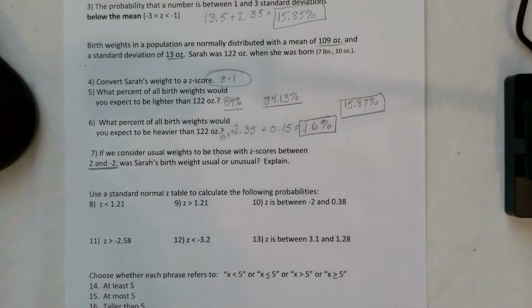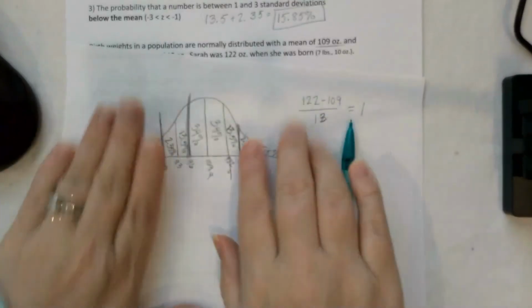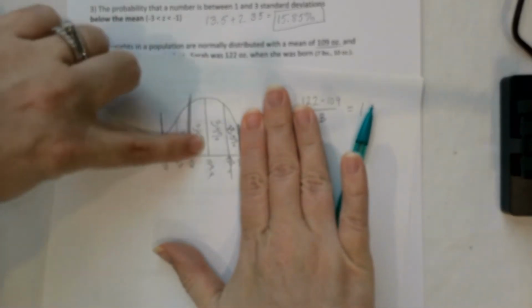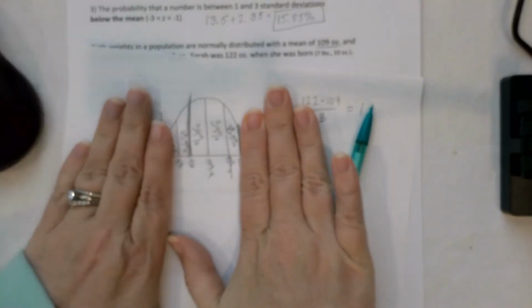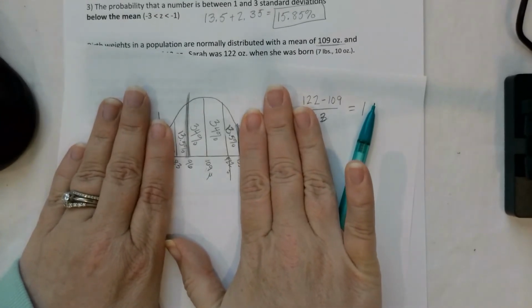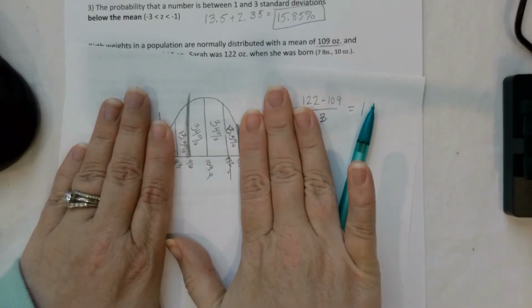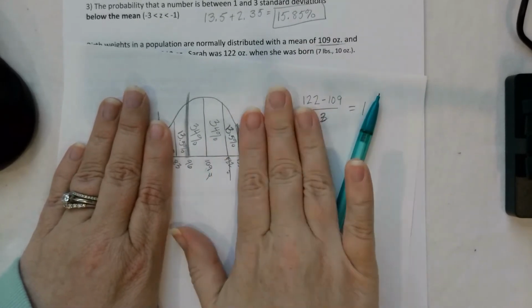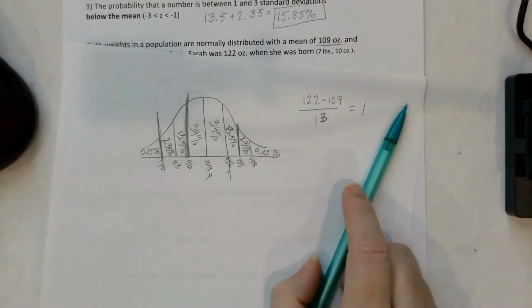Yeah. So if we're saying that between 2 standard deviations above and 2 standard deviations below is considered the range for normal birth weights, is she in that range? Yes. She's right there. She fits within that normal range.